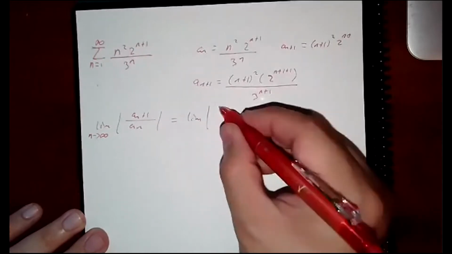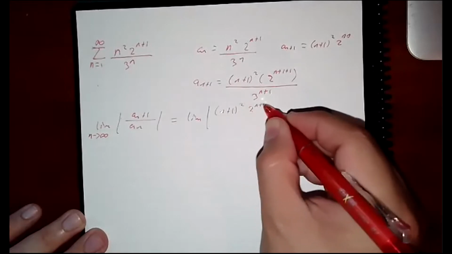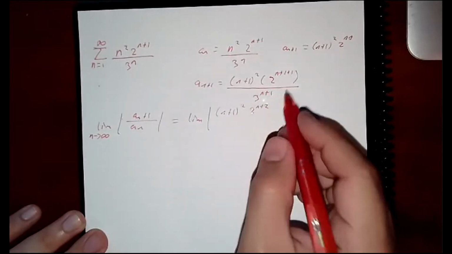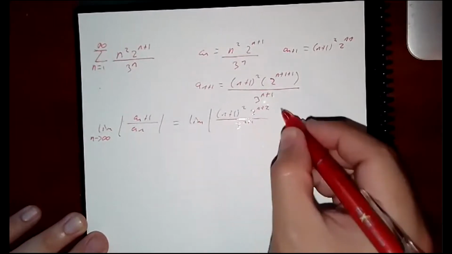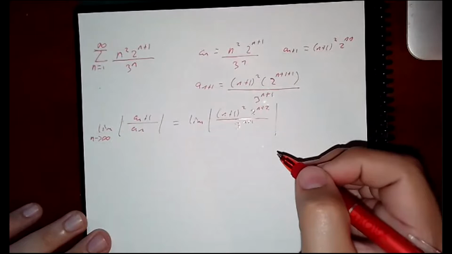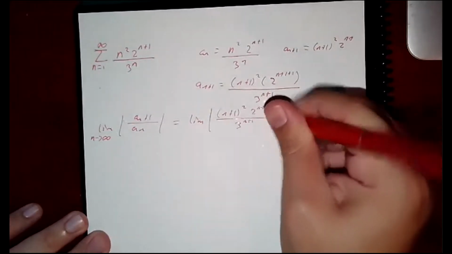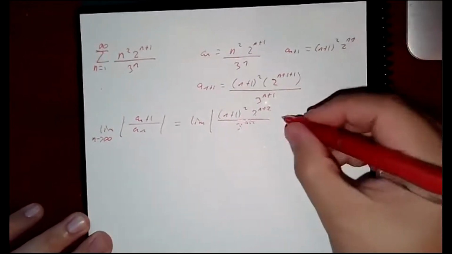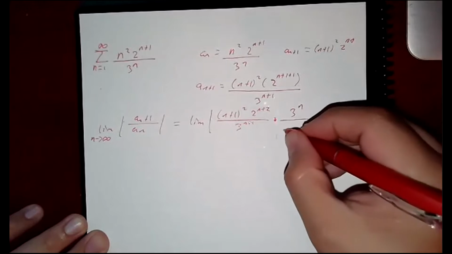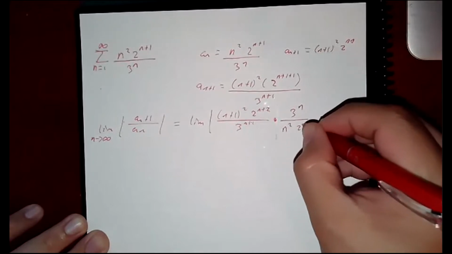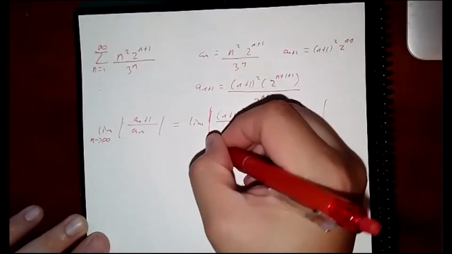So put this guy first, (n+1) squared times 2^(n+2) over 3^(n+1), divided by the a_n, which would be multiplied by 3^n over n squared times 2^(n+1). Right?